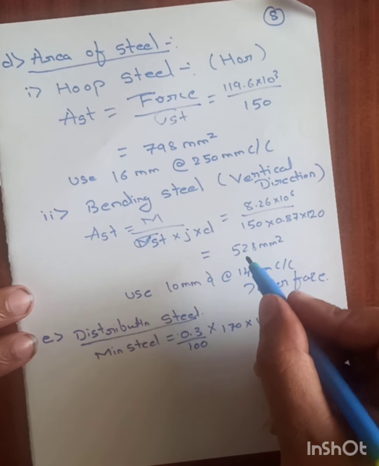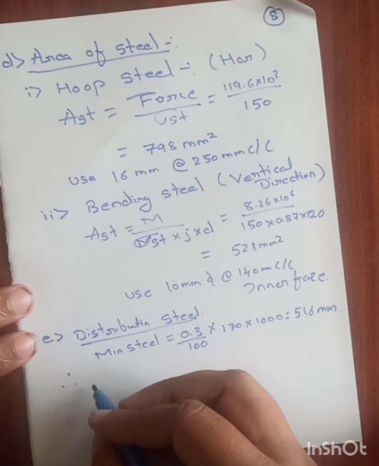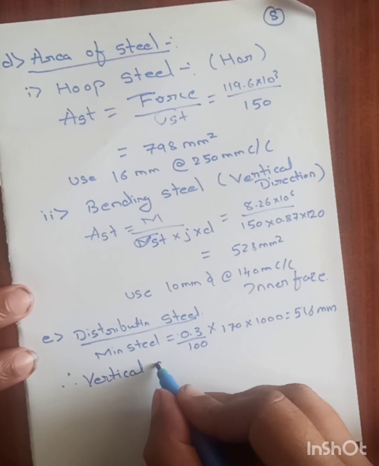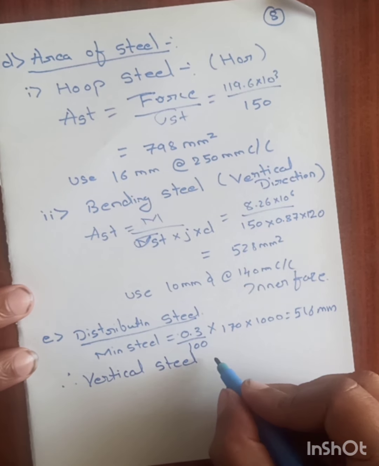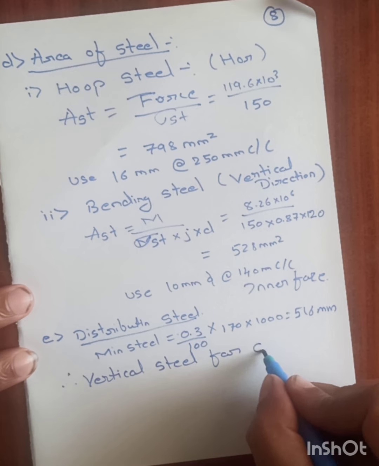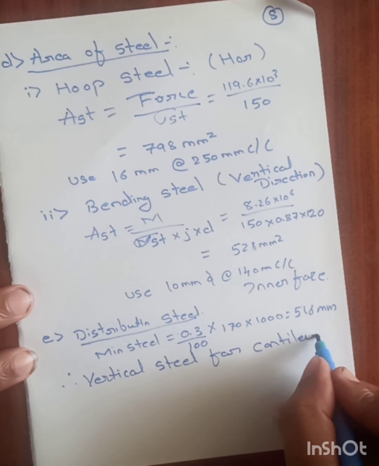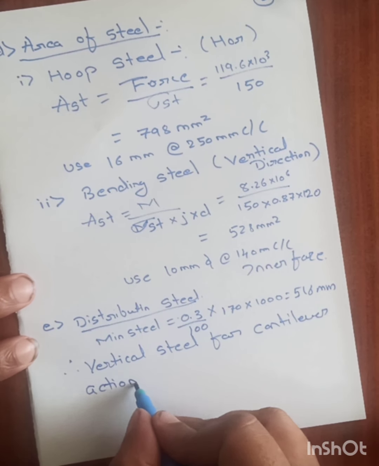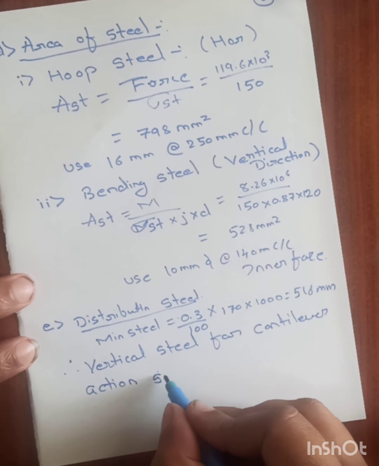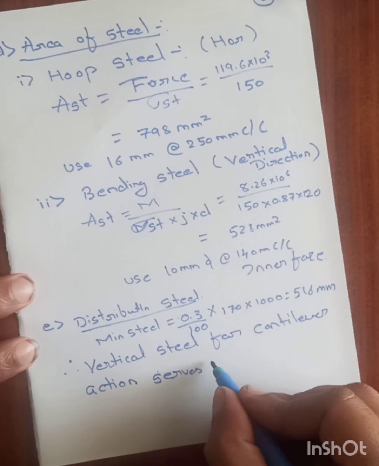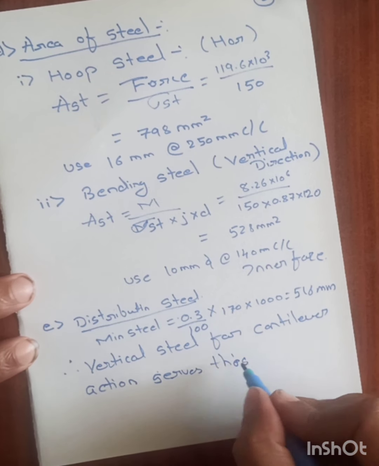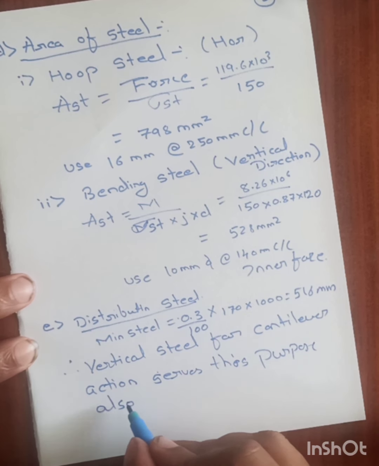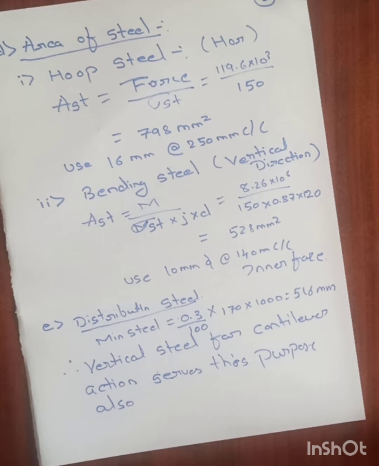The AST which we got for bending steel is more. Therefore, vertical steel for cantilever action serves this purpose also. So no need to provide separate distribution steel.